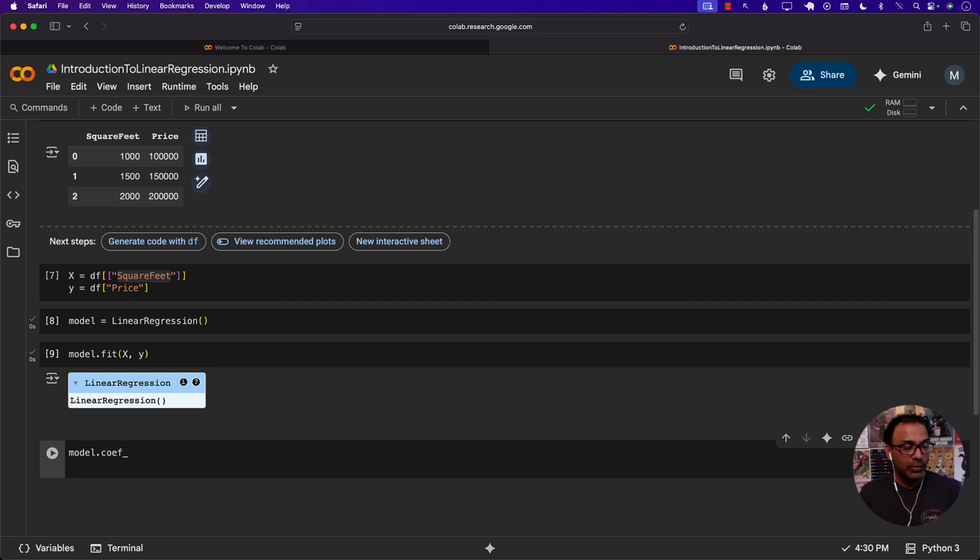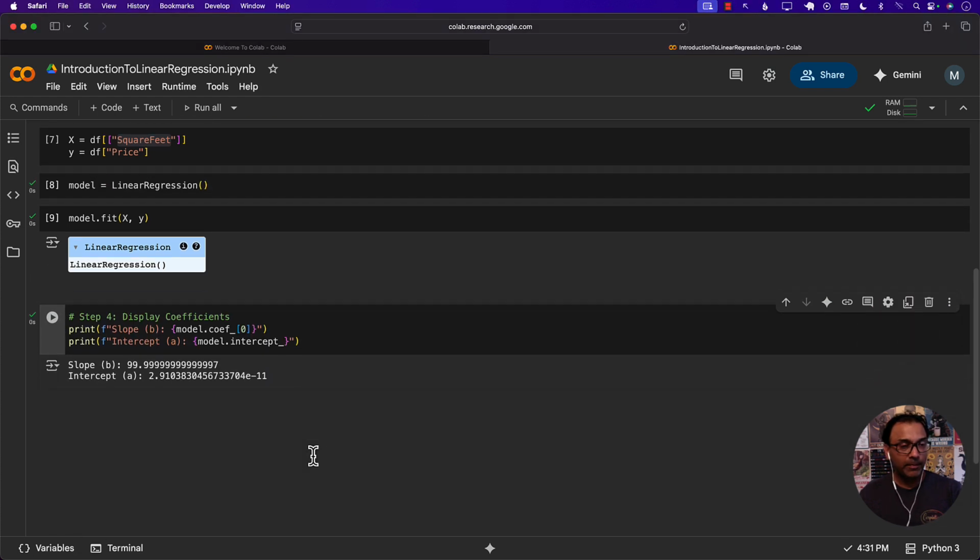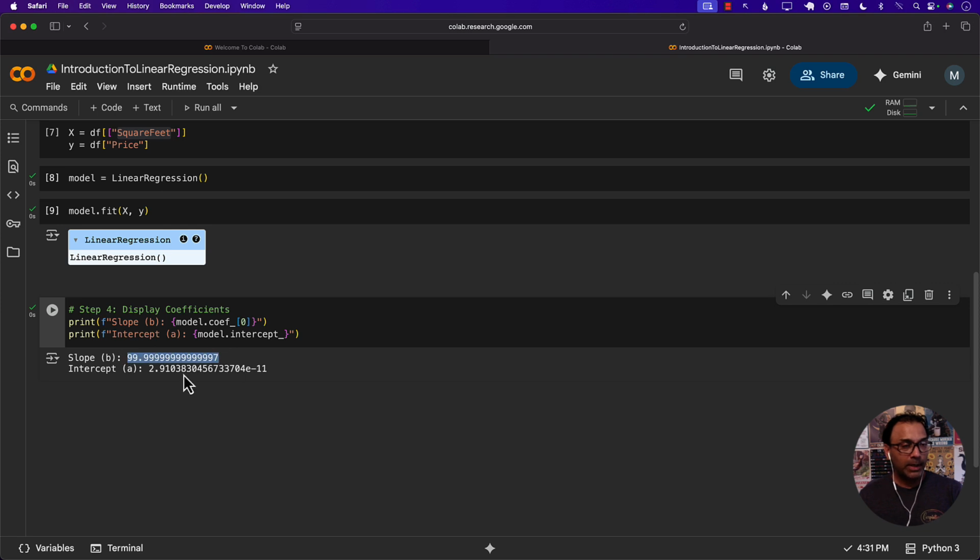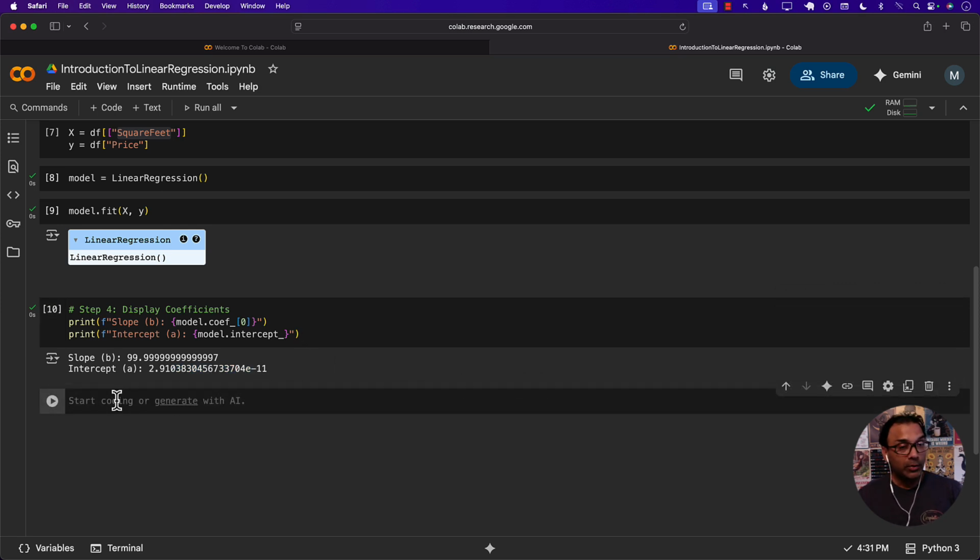If you want to print out the y-intercept, you can do that too. All right. And by the way, in this case, the coefficient is the slope, right? So we're going to print out all of these things. There we go. Slope is coming out to be 99. Intercept is coming out to be 2.91 to the power of minus 11.